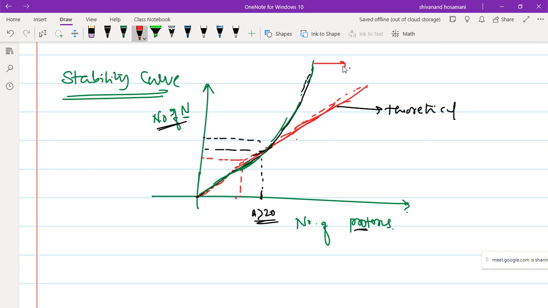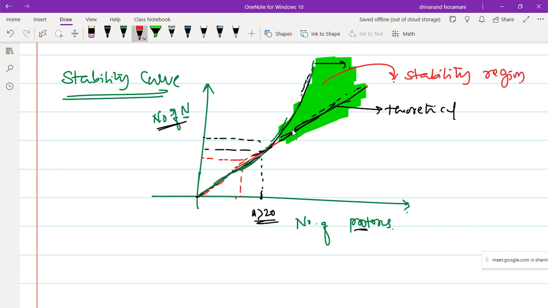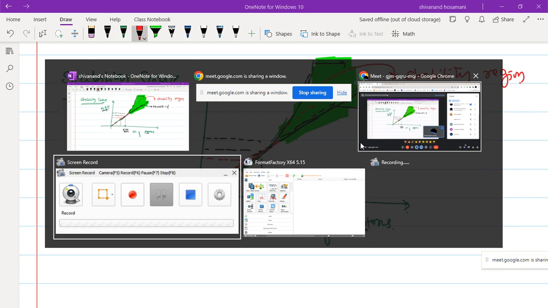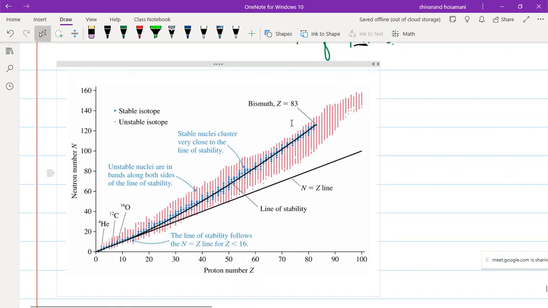This range, from here to here, is defined as the stability region. The elements lying in this part, a lot of elements, will be located here. Look at this graph: stable isotopes and unstable isotopes.